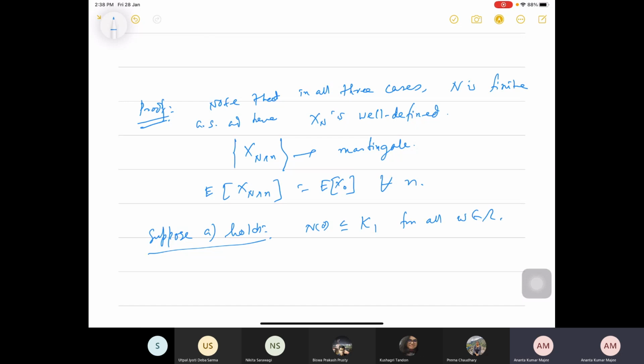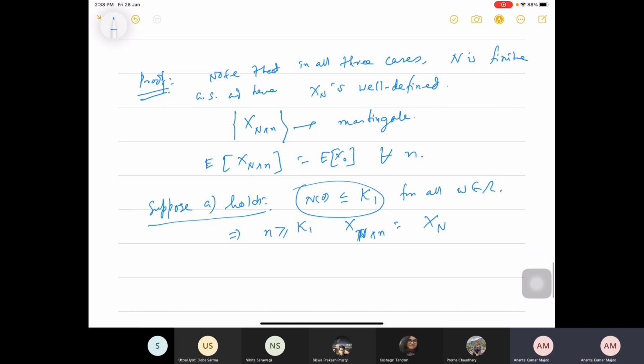So this implies, for all n greater than or equal to k1, what is my X of N minimum n? This should be nothing but my X of N, is it not? For all n greater than or equal to k1, because N is less than or equal to k1 from my given conditions. So that means my X of N minimum n is equal to X of N.